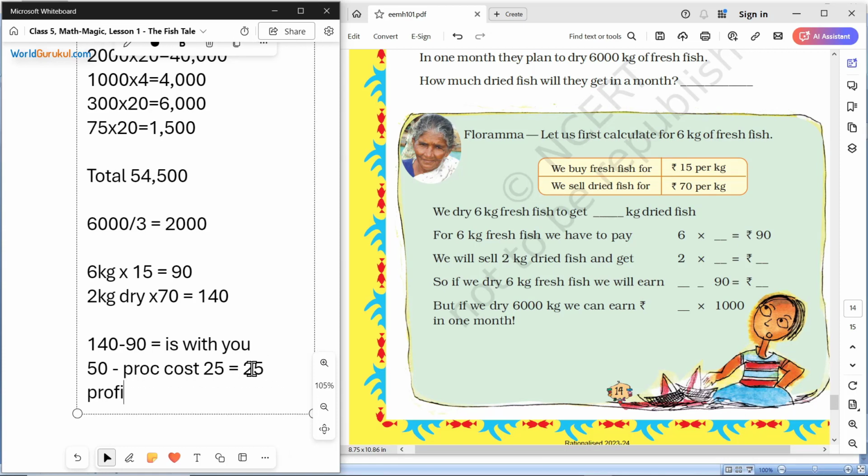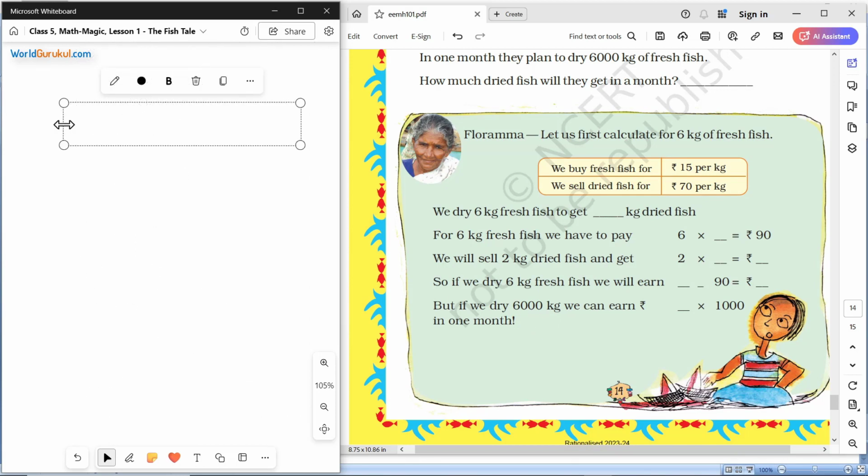Right? This is how business is done. The profit loss calculation is done. So this is a simple equation. If you dry 6000 kg, we can earn how much? So 6000 kg fresh fish will cost how much? 15. So this is going to be 90,000.